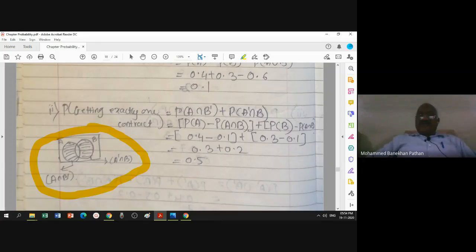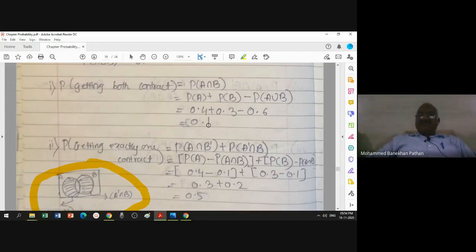This will be written as PA minus P of A intersection B, plus PB minus P of A intersection B. Put the values, simplify. So 0.5 is the chance to get exactly one contract. This is 0.1 chance to get both contracts.